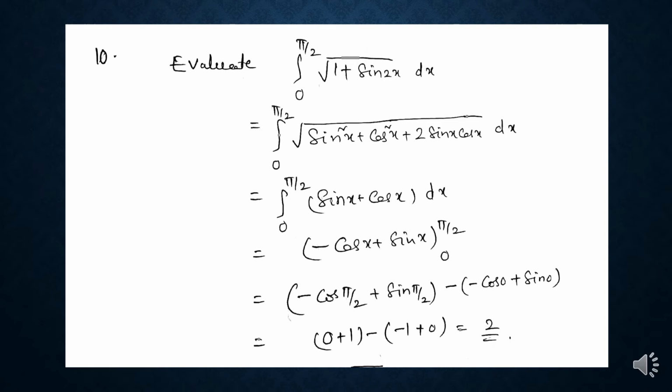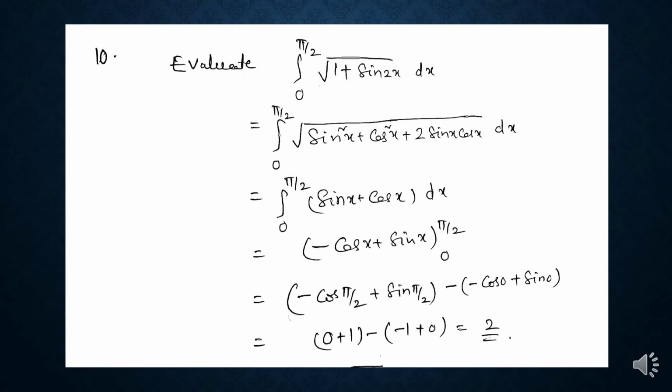So this becomes the square root of sine square x plus cos square x plus 2 sine x into cos x dx. This is in the a plus b whole square form, that is (sine x plus cos x) whole square. The square root and the square cancel, and sine x plus cos x remains.